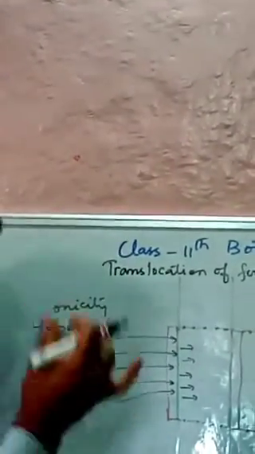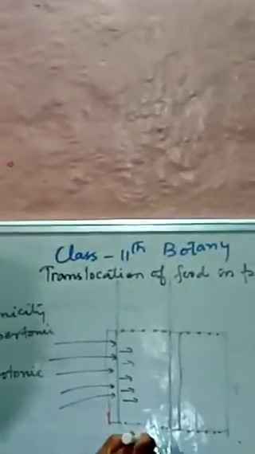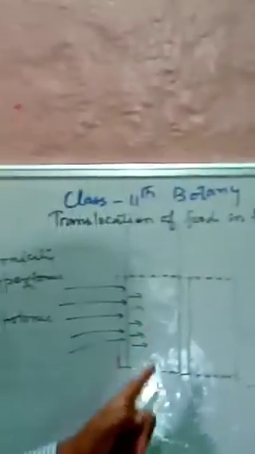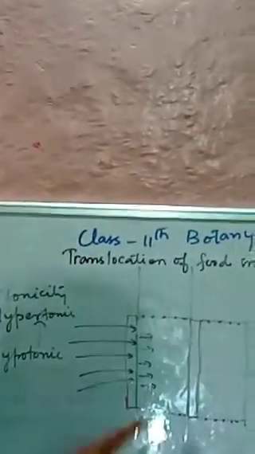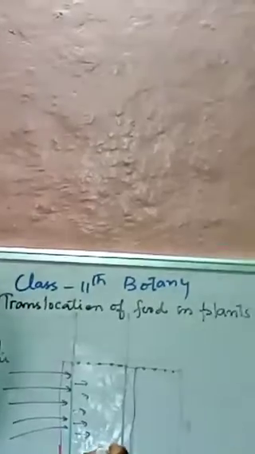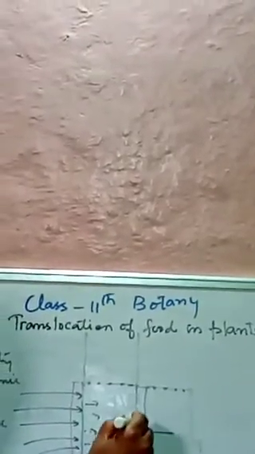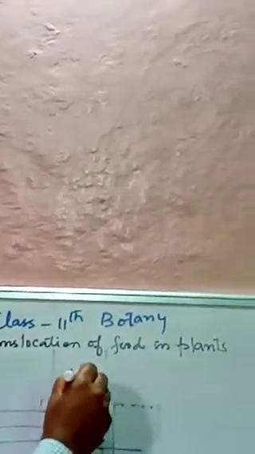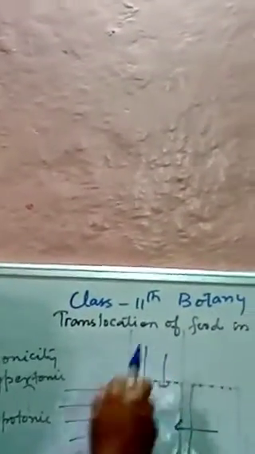Now, as we already know, water flows from the hypotonic solution into the hypertonic solution. So when this sieve tube becomes hypertonic, water moves from this adjacent hypotonic cell into this hypertonic cell. So a pressure develops inside this sieve tube.